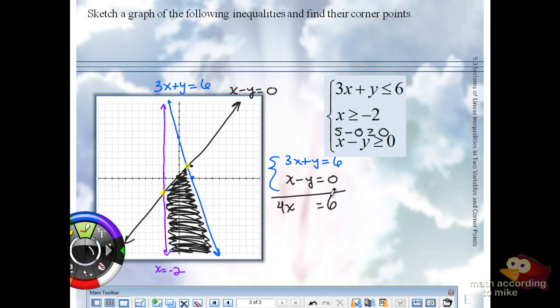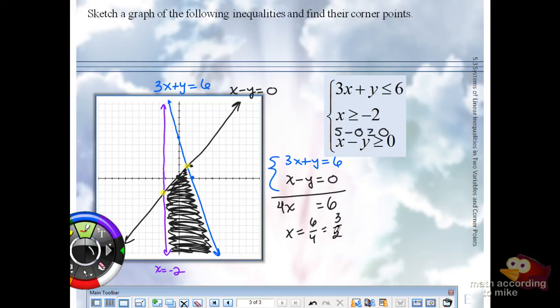So if 4x equals 6, what does x equal? 6 over 4, and how does that reduce? 3 over 2. Well, that's x. Well, now we have to find y. Once you find 1, you're going to substitute it back into either equation to get your y.